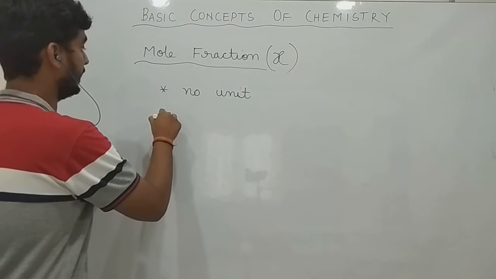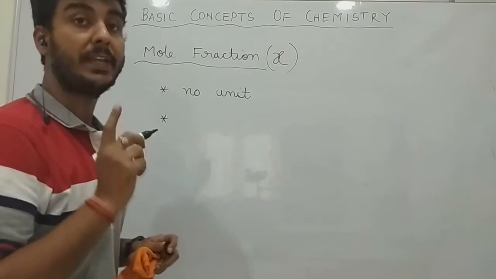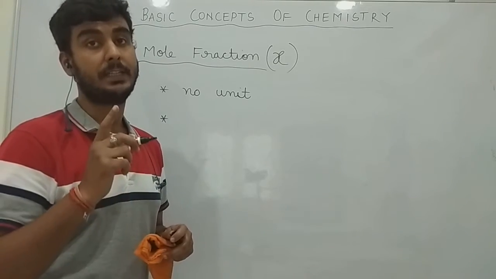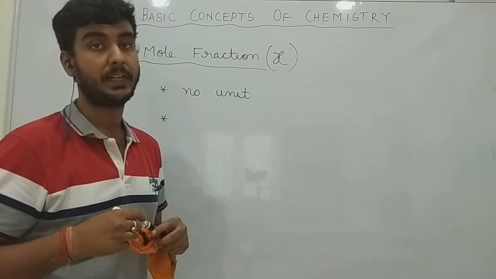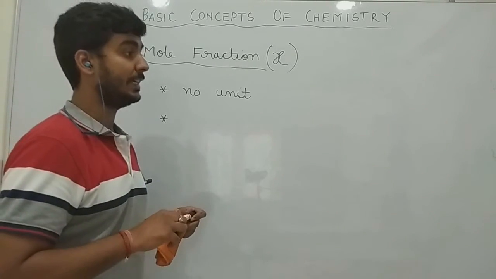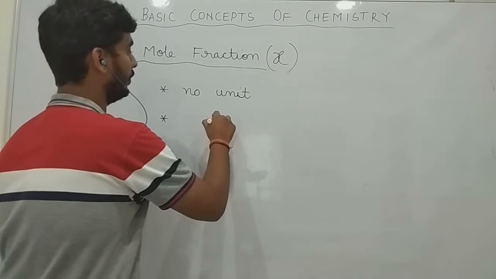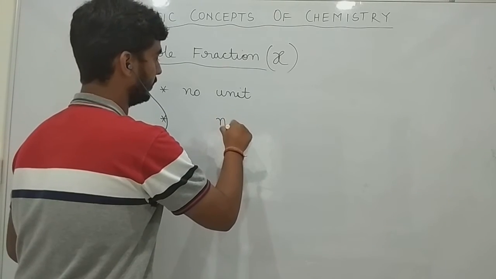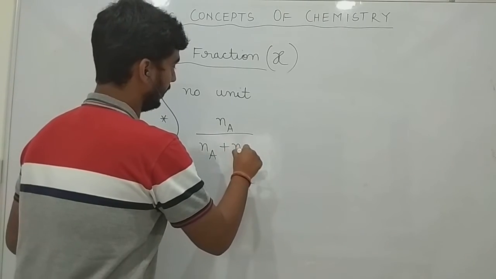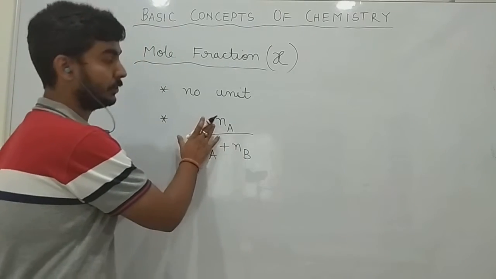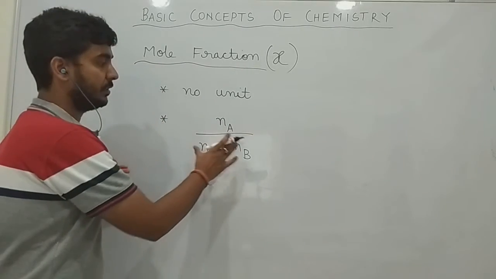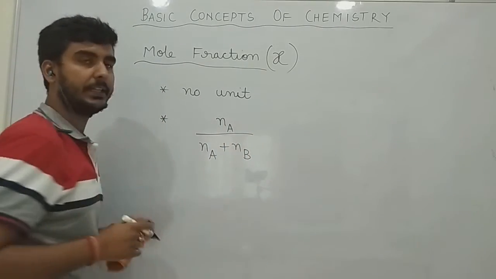The second important point is that the mole fraction of any component can never be greater than 1. Why? Because, as you have seen in the formula for mole fraction, Na divided by Na plus Nb, if we are calculating the mole fraction of a component, obviously in every case the denominator will be greater than the numerator.